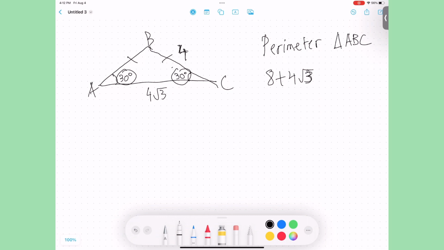So you have 4 root 3 over here. Now the perimeter is just calculating the sum of the lengths of a figure, right? So 4 root 3 over here, and then you have BC, which is 4. But since AB is also equal to BC, because it's an isosceles triangle, you have 4 over here as well. And then you get 8 plus 4 root 3.